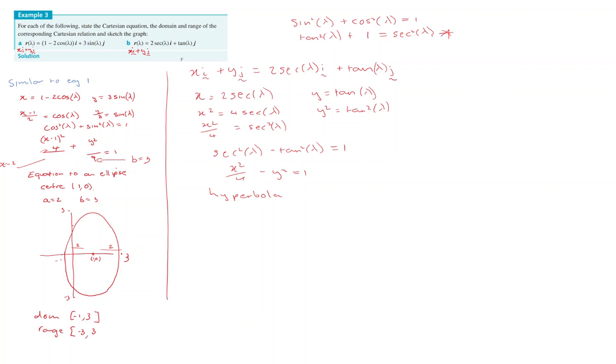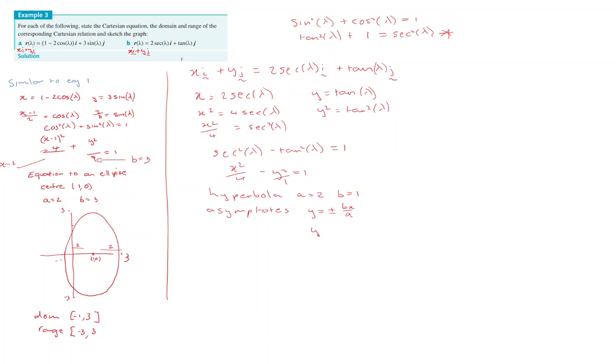a is the value that's under the x, so a is equal to 2, because remember it's a squared on the bottom, and we might put that one on 1. So b will be equal to 1. And your asymptotes, good little revision here, are given by y is equal to plus or minus bx on a.